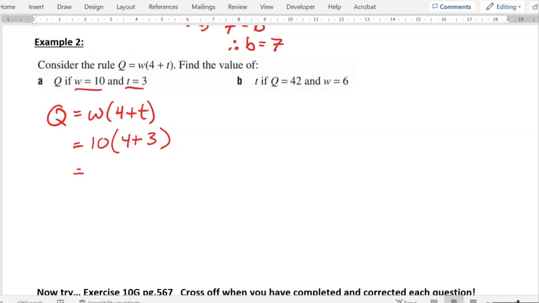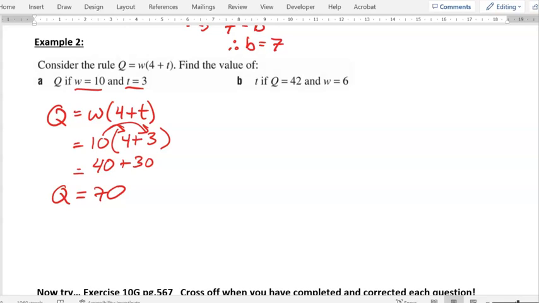Now what do I do first? Of course I do what's in the brackets first. 4 plus 3 is 7. And then I could do q equals 70. Of course I could, if I was in a funny mood, multiply 10 times 4 and then 10 times 3. Lo and behold, it's still 70.